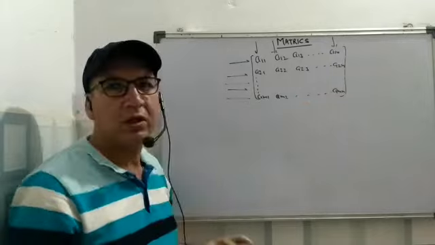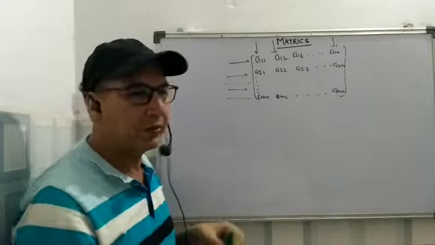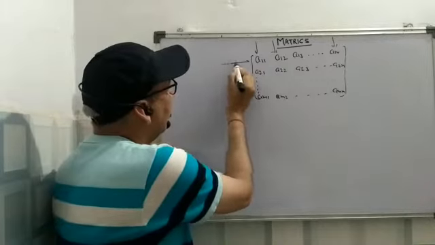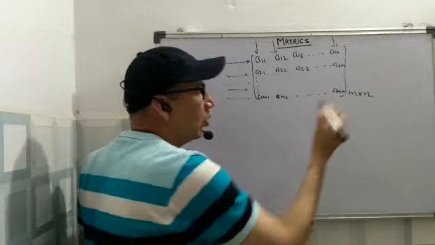So the total number of elements in this matrix is m into n, and the order of the matrix is m into n.